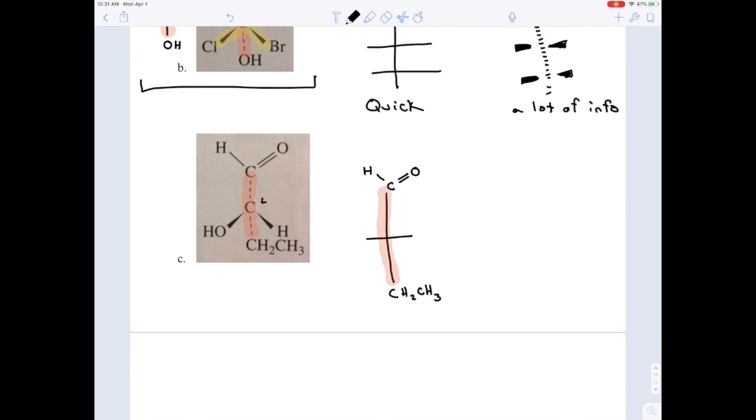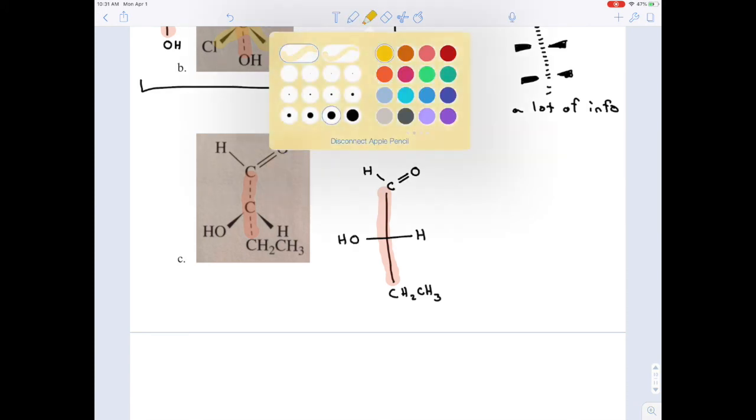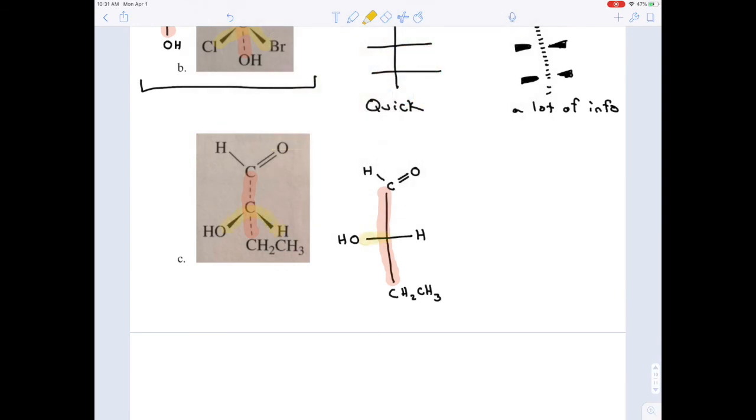So we have this one carbon in the middle, and on the right of that we have an H, on the left we have an OH. Those bonds are coming out at us. That's what's implied when you see a Fischer projection. And these two structures are the same structures. This one on the right was very quick to draw, and still gives you all of the information that's contained on the left.